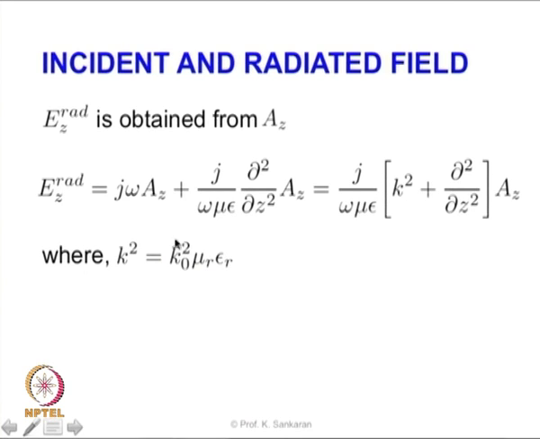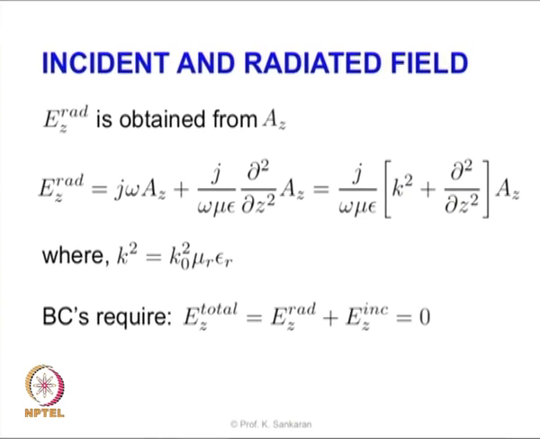K naught is the wave number for the free space propagation, and epsilon r and mu r are the relative permittivity and permeability of the medium we are considering. And now we can substitute the approximation that we talked about in the beginning. We are approximating the total field as the summation of the radiated field and the incident field, and then we are saying it is equal to 0.